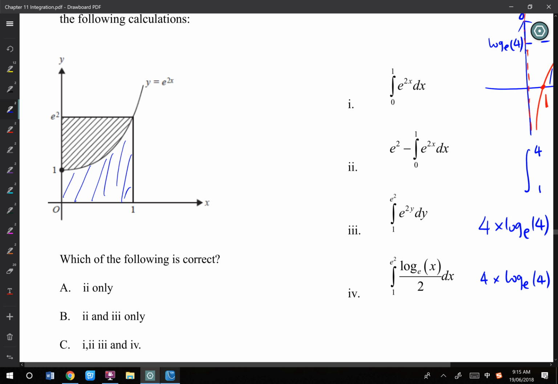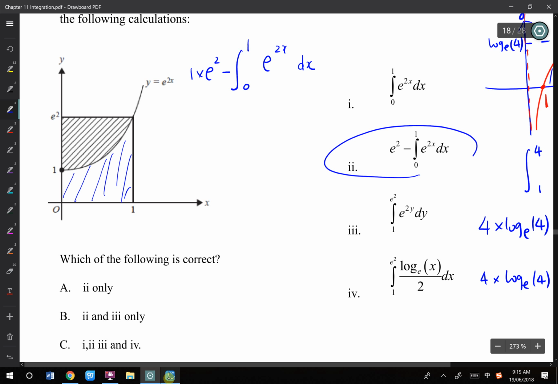So I can use the rectangle, which is 1 times e squared, minus the integral between 0 and 1 of e to the x dx. This one is correct because it uses the rectangle to subtract the area under the curve, the white area, and that will give me the shaded area.